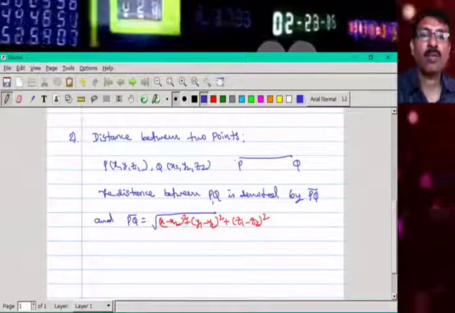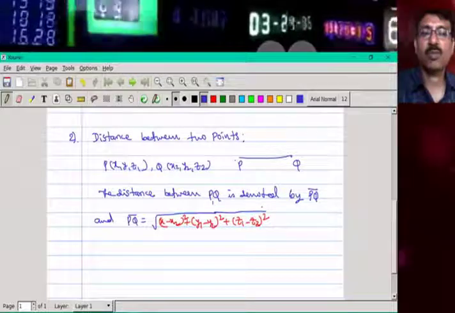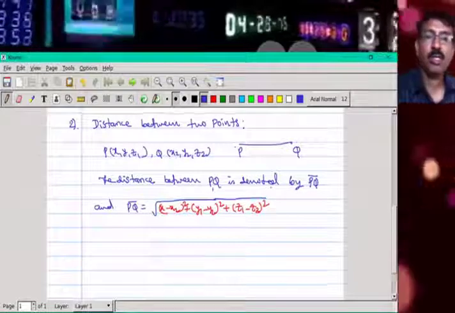The formula is very similar to the distance between 2 points in 2-dimensional geometry, now extended to 3-dimensional geometry.